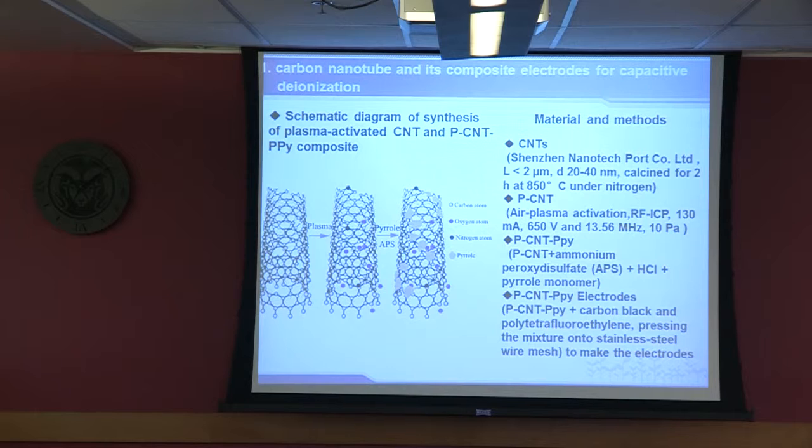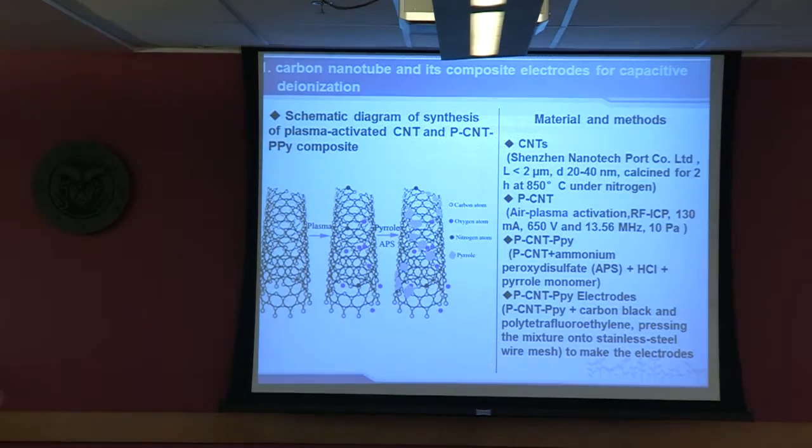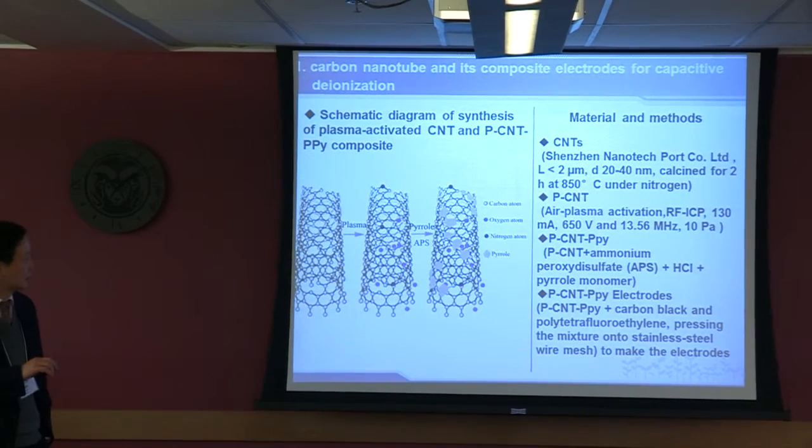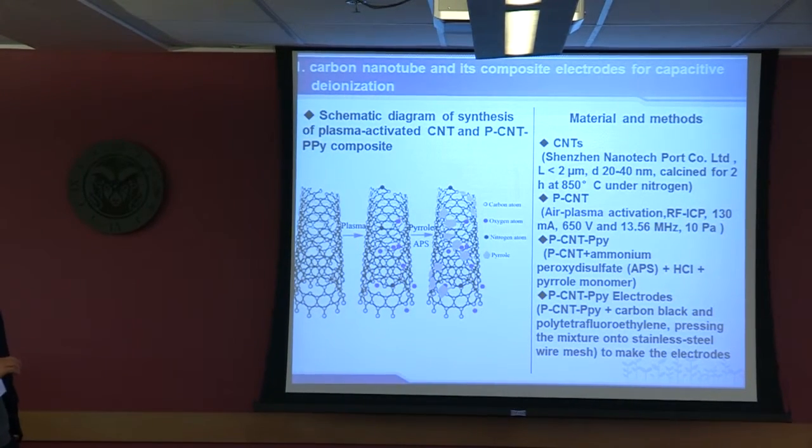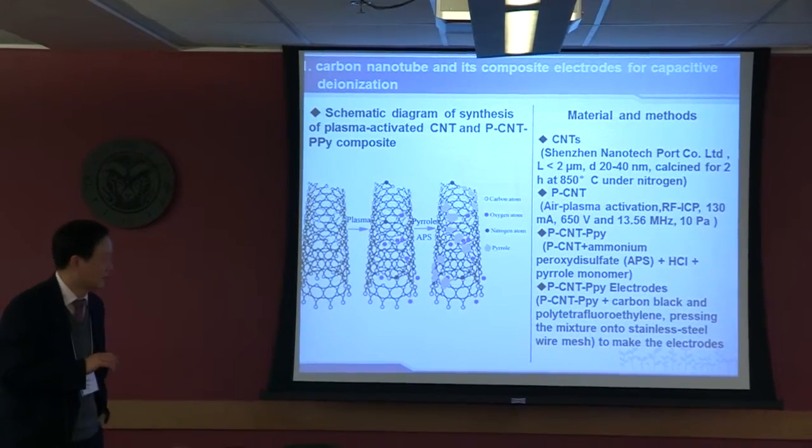Then before we do the experiment, we first do some pre-treatment, just calcining the tubes at 850 centigrade. Then we put the CNTs in a plasma activation unit.